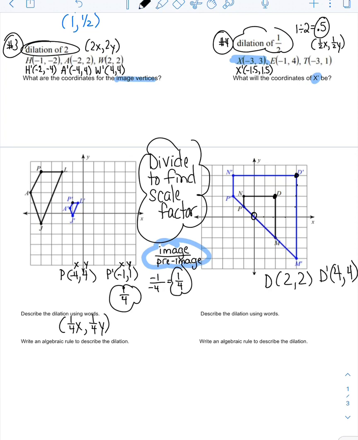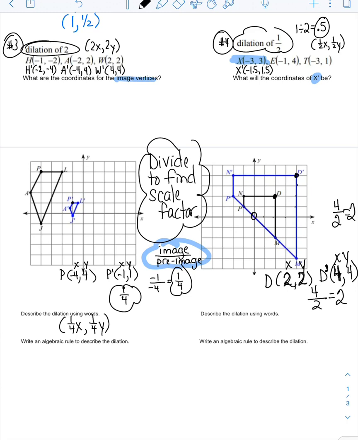let's do our x's. Let's do our image, or the one with the apostrophe, over the pre-image, which is 2. See, 4 over 2. What is 4 over 2? Well, that reduces to 2. Look, if I do my y's, I get the same thing. Image over pre-image, which is 2, I still get 2.